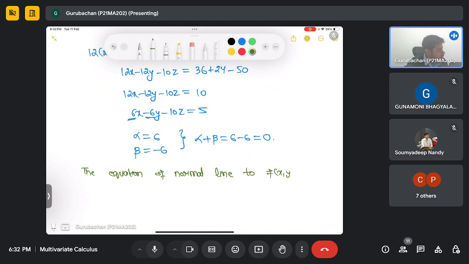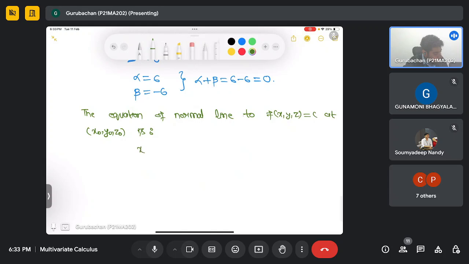to f(x, y, z) equal to c at some point x naught, y naught, z naught is: x is equal to x naught plus f x at x naught, y naught, z naught times t. y is equal to y naught plus the partial derivative with respect to y at the point times t, and z is equal to z naught plus the partial derivative with respect to z at x naught, y naught, z naught times t, where t is any real number.